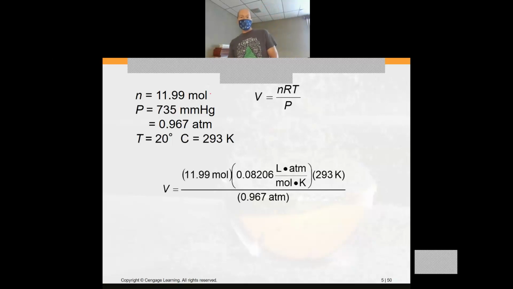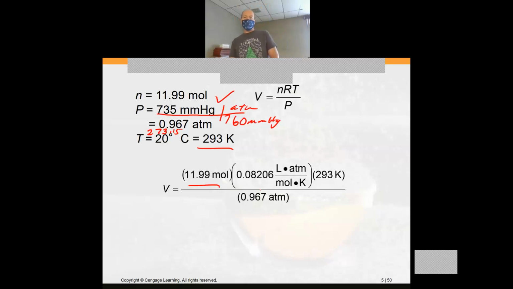We have moles, we just calculated it. We have our 735 millimeters of mercury that we divide by 760 millimeters of mercury per atmosphere, and that will give us 0.967 atmospheres. We take our 20 degrees Celsius and add 273.15, and that gives us our 293 Kelvin.